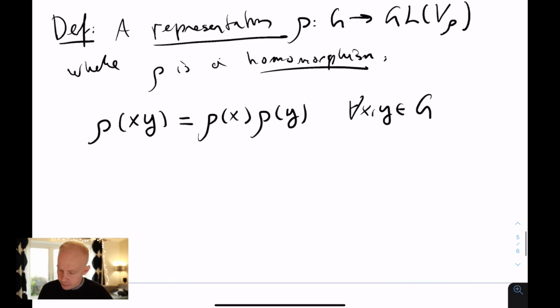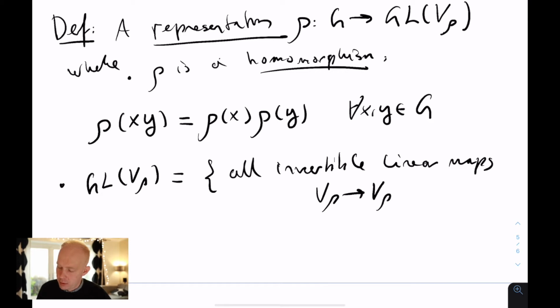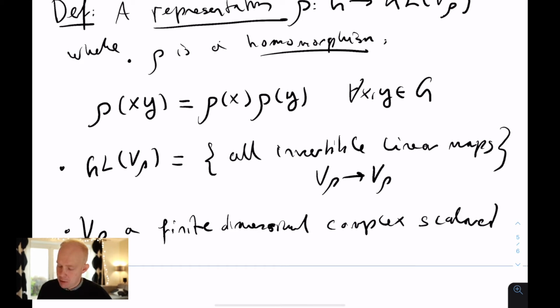What we have here is that this GL(V_rho) is the set of all invertible linear maps from V_rho to V_rho, and this V_rho is a finite dimensional complex vector space with an inner product.